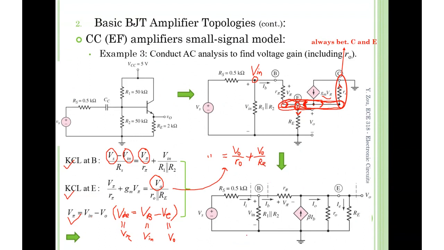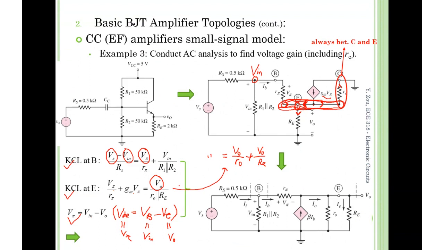Does it make sense? So we have 1 term, 2 terms, 3 terms, 4 terms. That makes more sense, probably. However, essentially, V naught over R naught plus V naught over RE is equal to V naught over R naught parallel with RE.